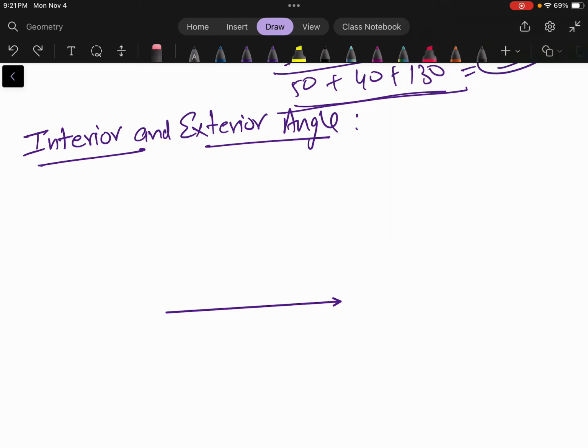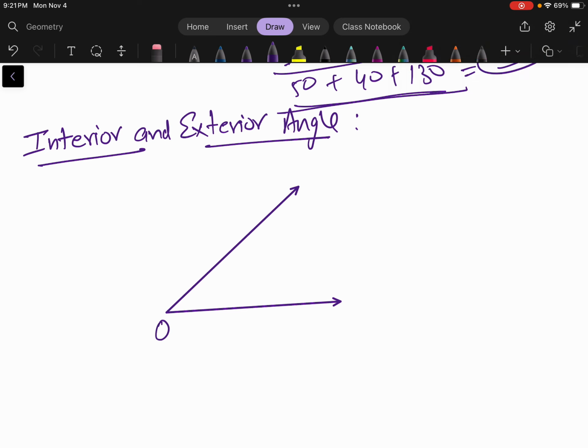This is a point O from where it started, and this is A, this is B. Now we want to set an angle in between. The angle name here is AOB.